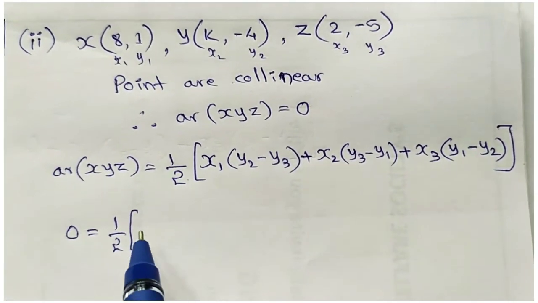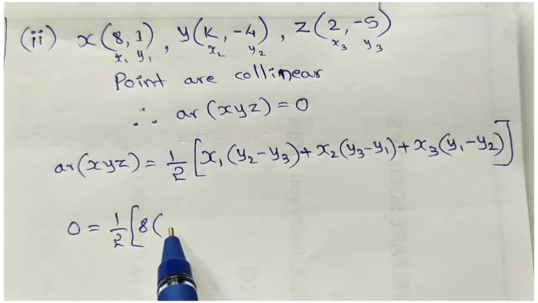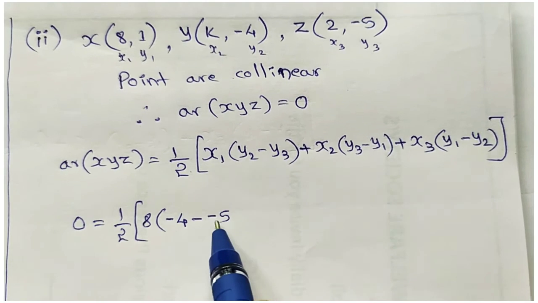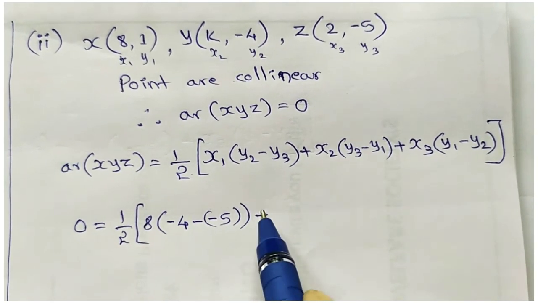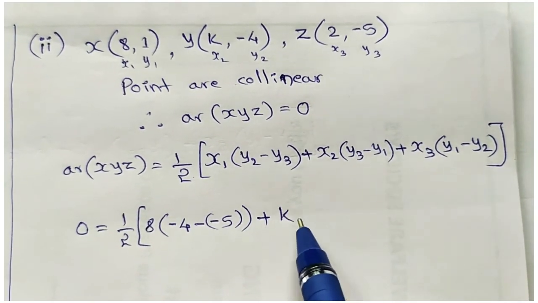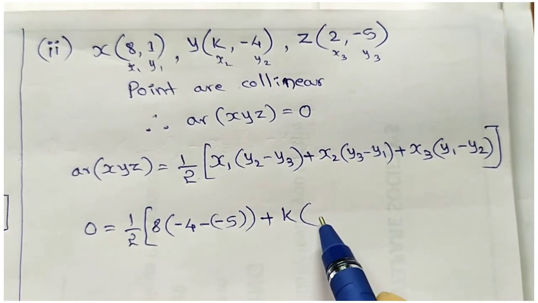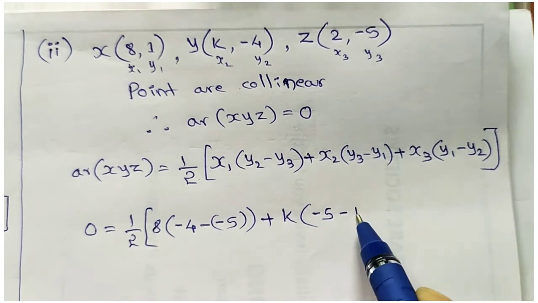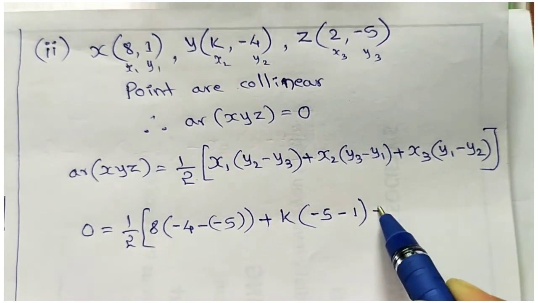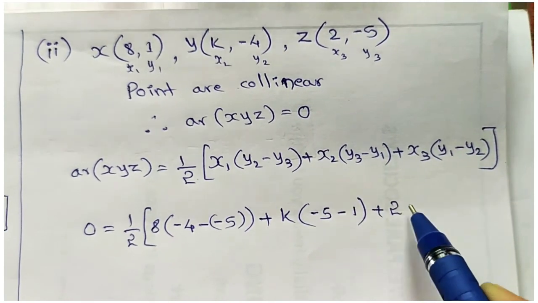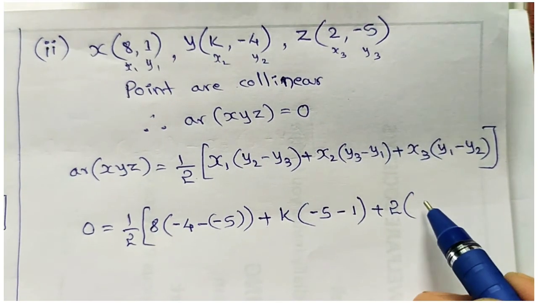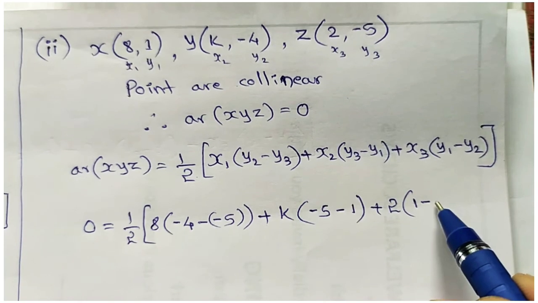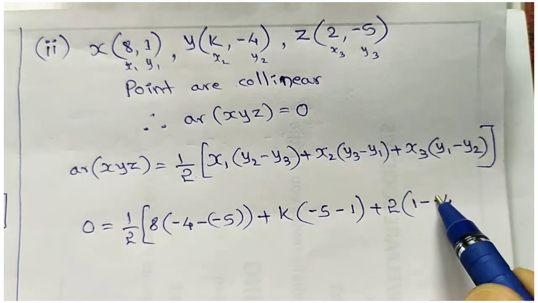Okay, x1 is 8, y2 minus 4, again minus of minus 5, plus x2 k, y3 is minus 5 minus y1 is 1, plus x3 is 2, y1 1 minus y2 is, that is also minus, so keep it in bracket, minus of minus 4.